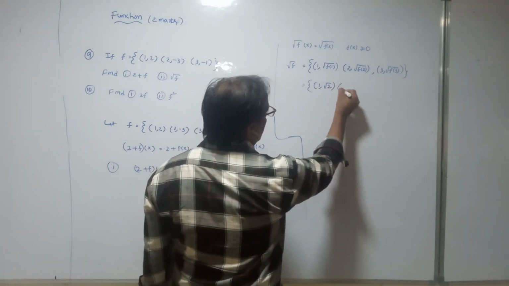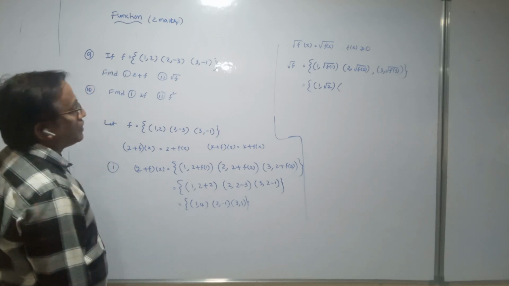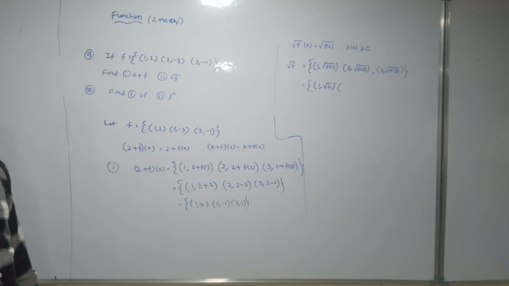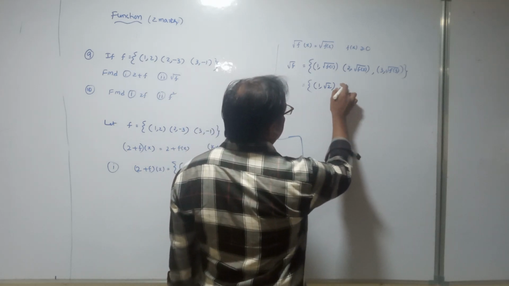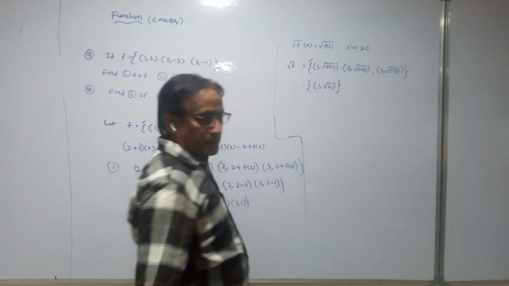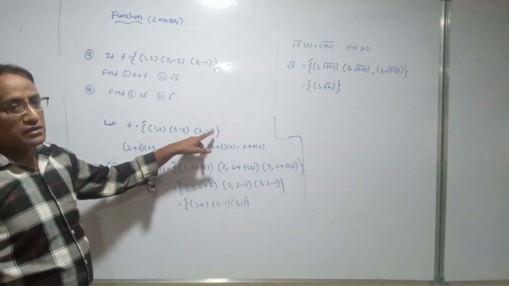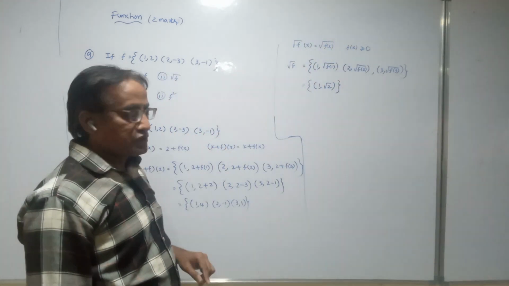You can write it, no problem, because it is positive. And here also f of 2 is minus 3, so you cannot write this also. So it is complicated. f of 3 also is minus 1. You cannot take that. You have to write only those which are greater than or equal to 0.